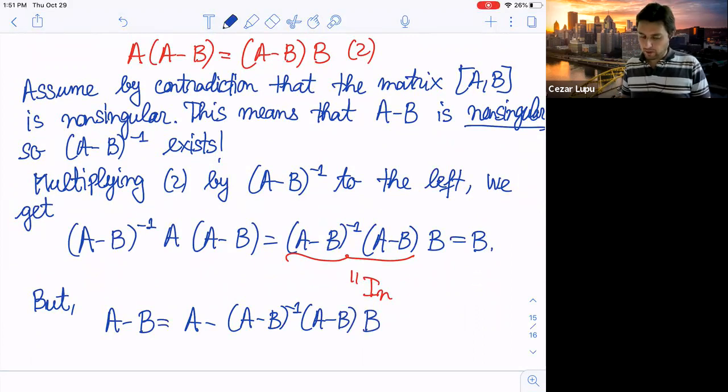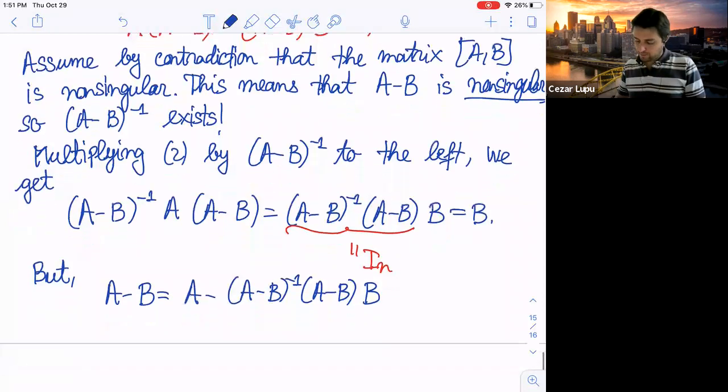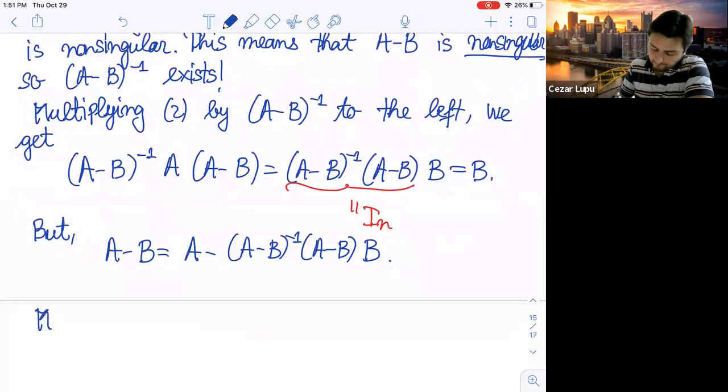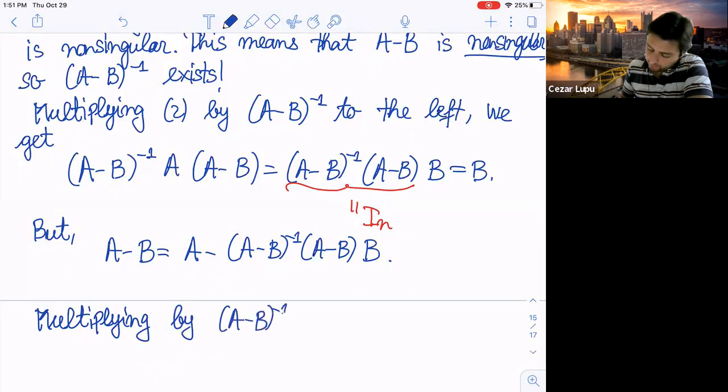Or if you want, we can multiply by A minus B inverse. Let's see, what can we do here?